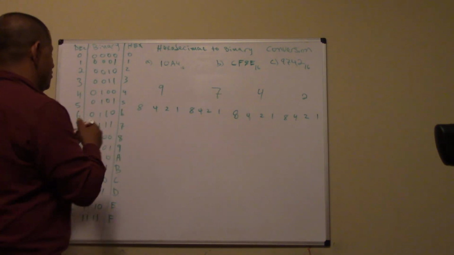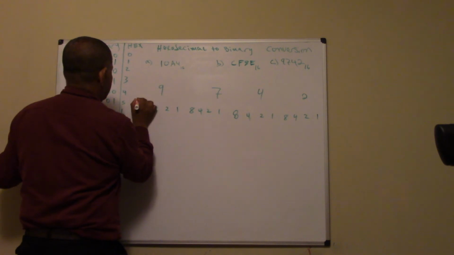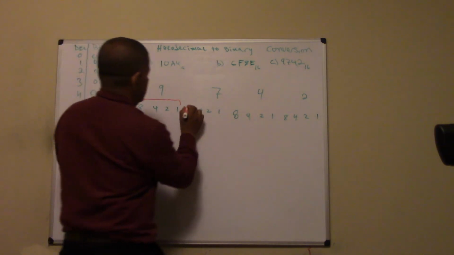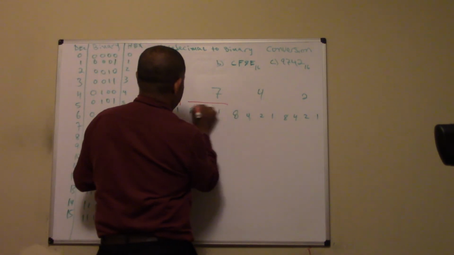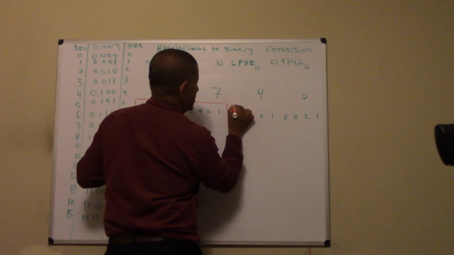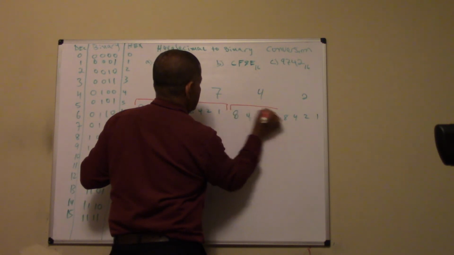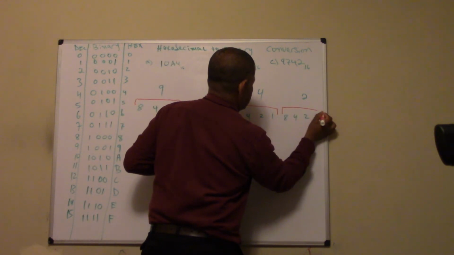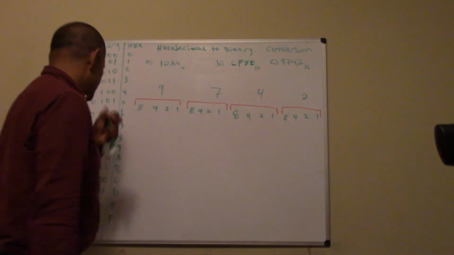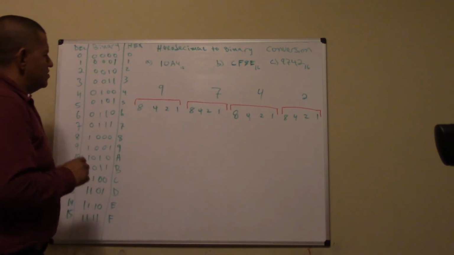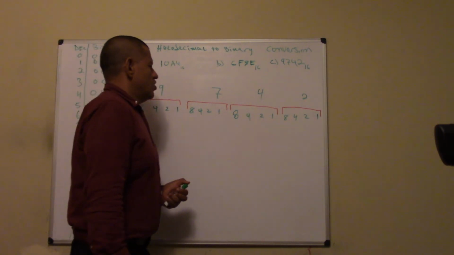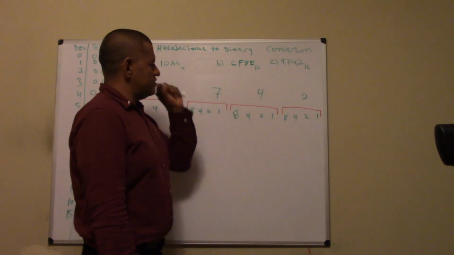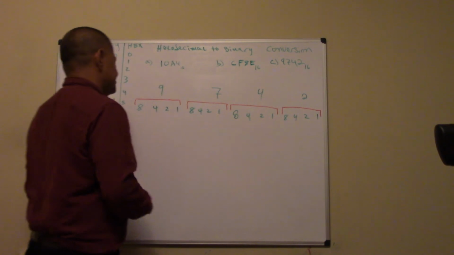And again, now we just identify the 4 bits, just identify the blocks. Now that we have this, we see which bits need to be turned on or off in order to get these numbers.